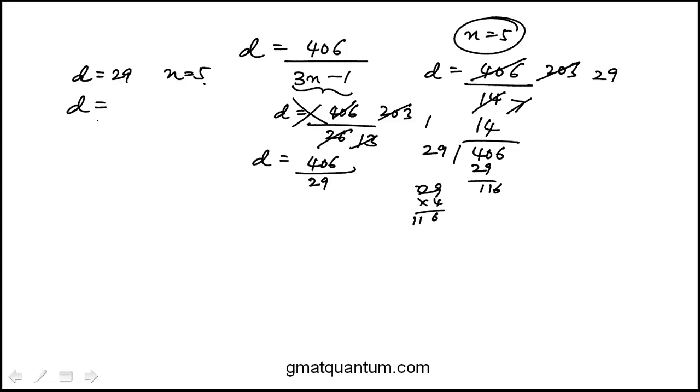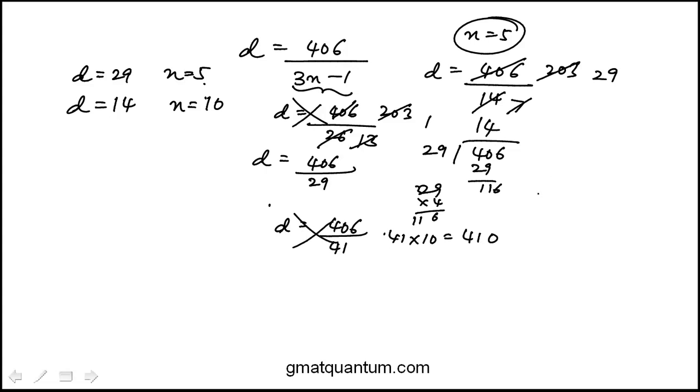That's why I think, and we'll see how to eliminate these two, sometimes that raises a flag when you're doing this in the exam. So d is 14, n is 10. And then I have 14, so d would be 406. 14 times 3, 42, 41. And 41 times 10 is 410, so we know that this is not going to be an integer.